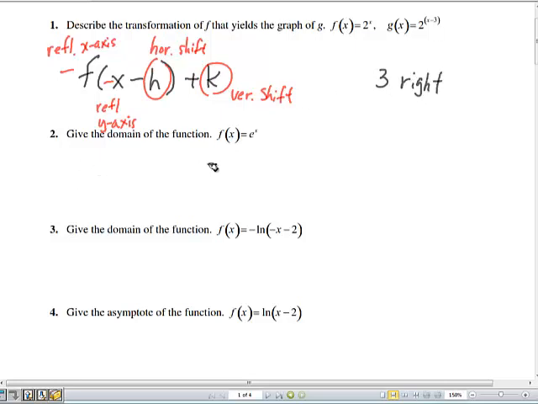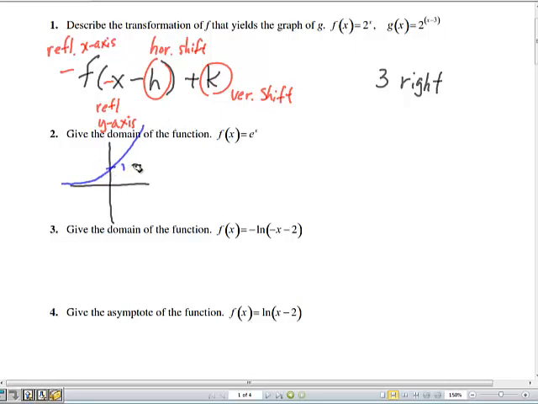Okay, give the domain. The domain are the x values of this graph, and exponential functions look like this. They hug the x-axis and they come up and they go up like this, and it crosses at 1.